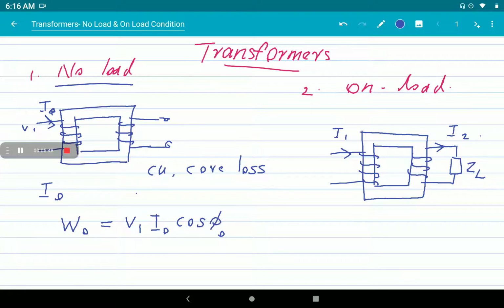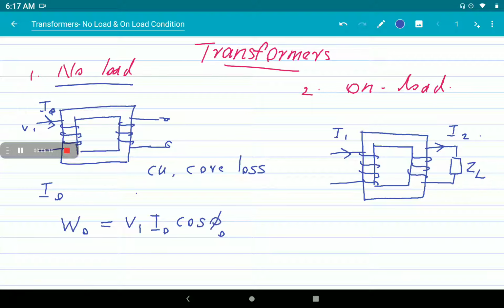The no load power factor is a small value because the magnetizing component of the current is very high compared to the resistive component. So there will be a large angle between voltage and current. The lagging angle will be very large, so the no load power factor is very low.